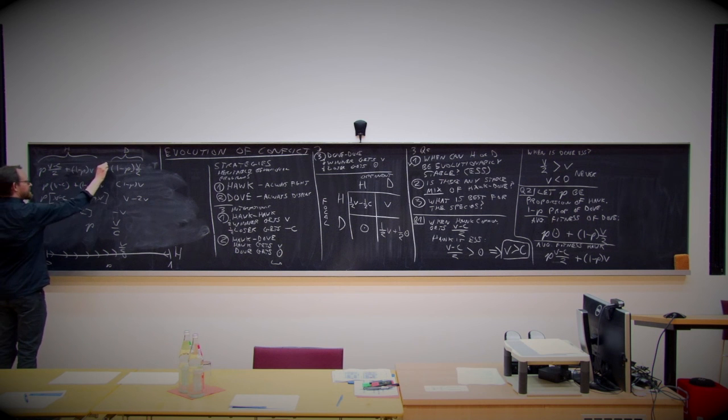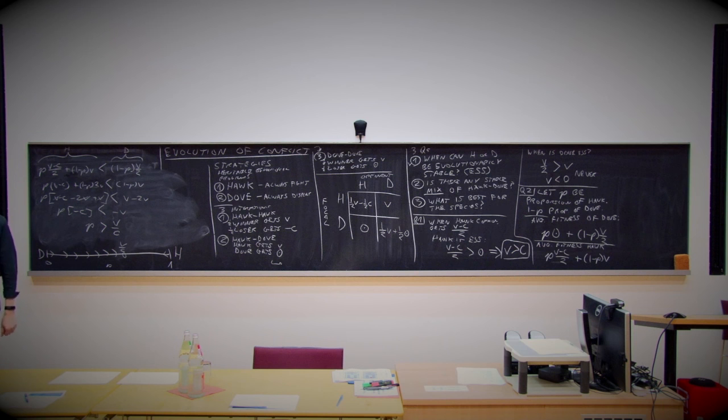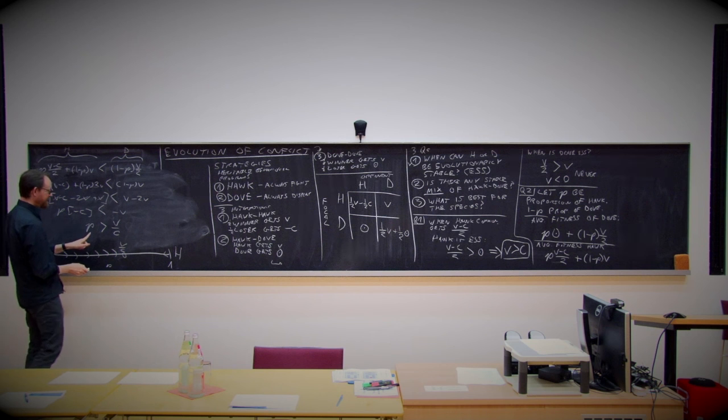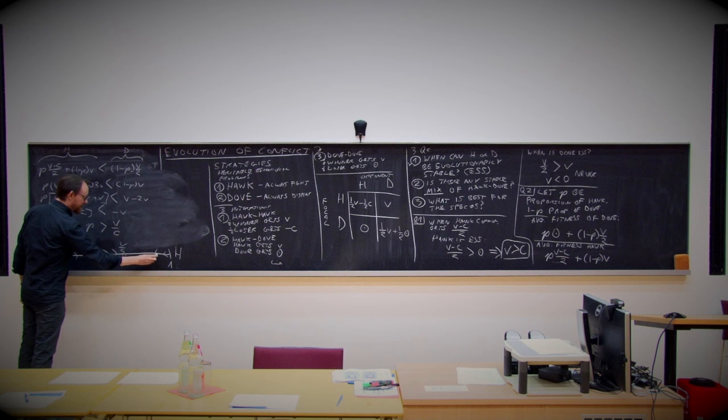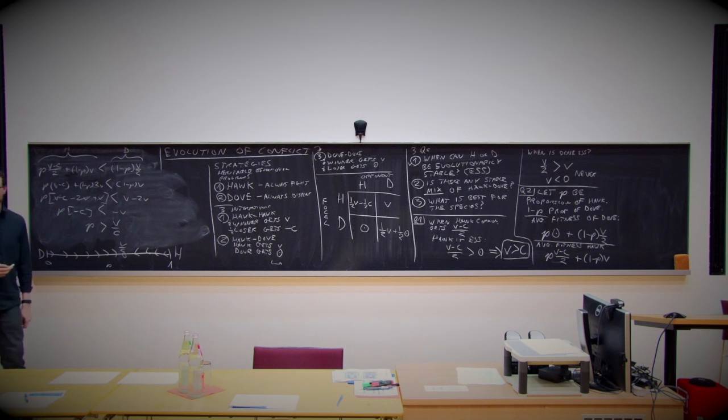So now less, less, less, less, greater. All the algebra is the same. And now what we say is dove increases whenever P is greater than V over C. Here's V over C again, and so all of these points, dove increases, which means P gets smaller.